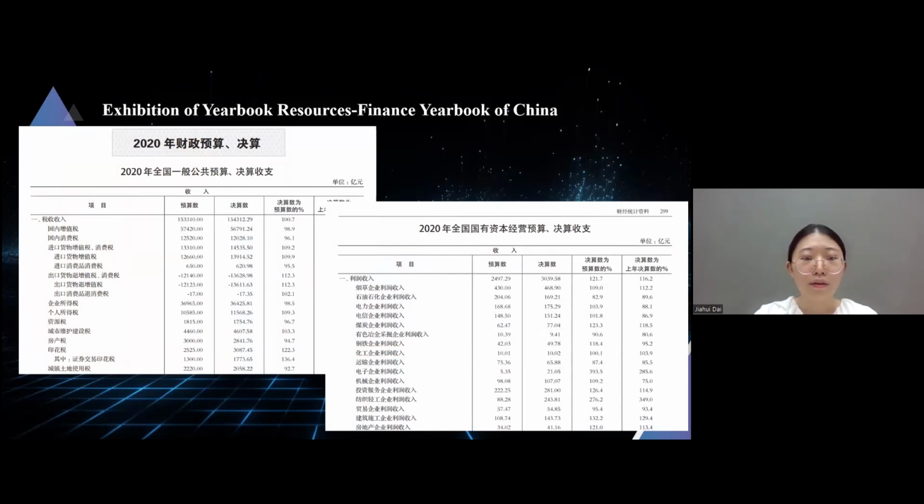The table on the right shows the revenue and expenditure of national state-owned capital operating budgets and final accounts in 2020, in which the profit revenue item includes the profit revenue of tobacco enterprises, the profit revenue of petroleum and petrochemical enterprises, and the profit revenue of electronic power enterprises.